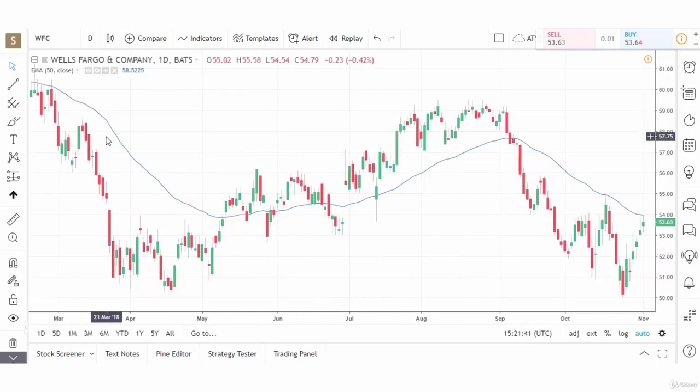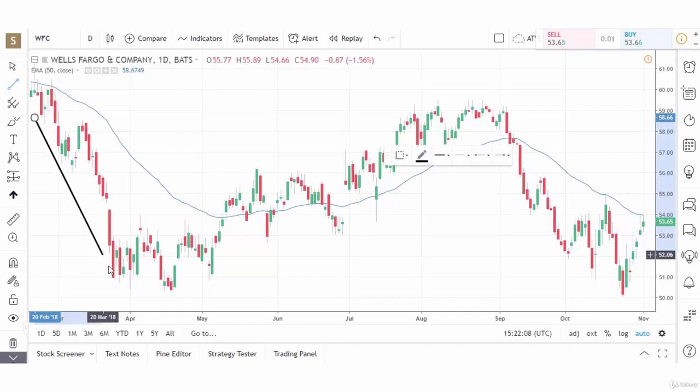With the exponential moving average, we want to be short or not long the stock when it's trading under the exponential moving average, and we want to be long the stock when it's trading above the EMA. So if we start at the beginning of the chart, we see the stock is below the 50-day exponential moving average, and it's in a downtrend.